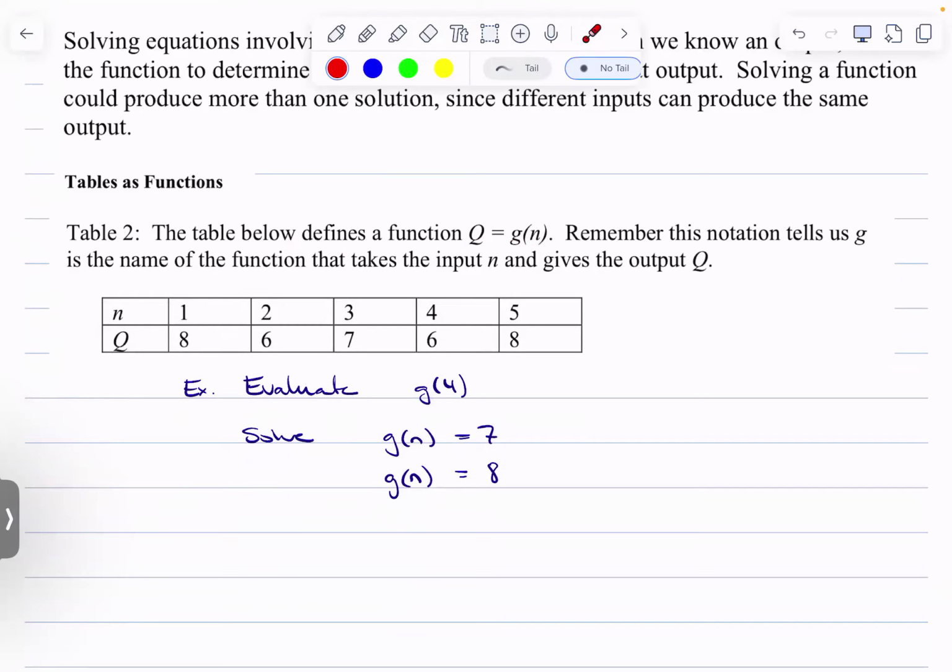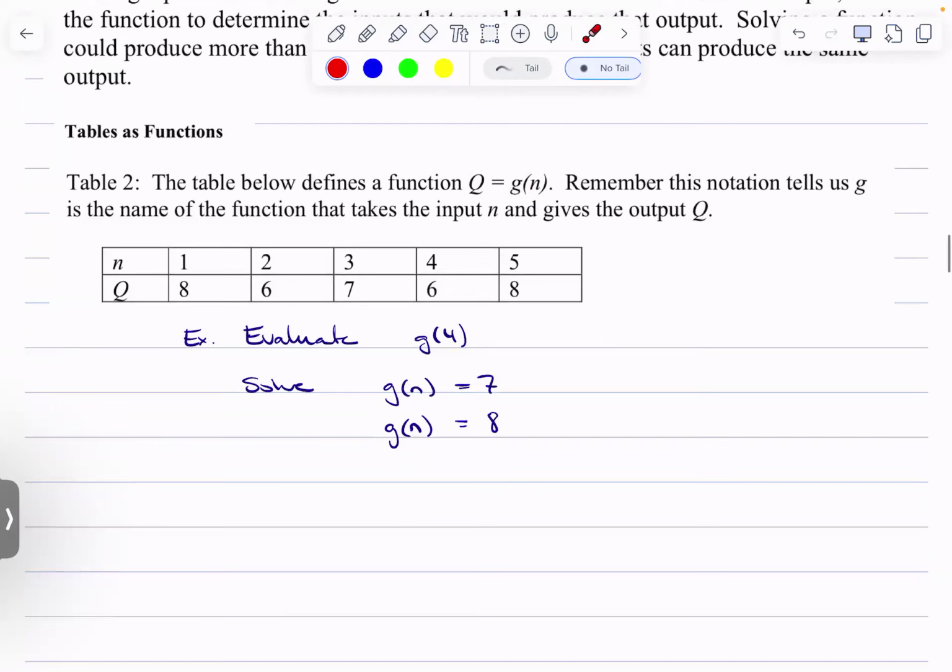We kind of stick to later in the alphabet, for some reason. So f, g, h, if we have multiple functions, those are common generic names. And in this case, n is the input, and we have some input n, and it gives us the output q.